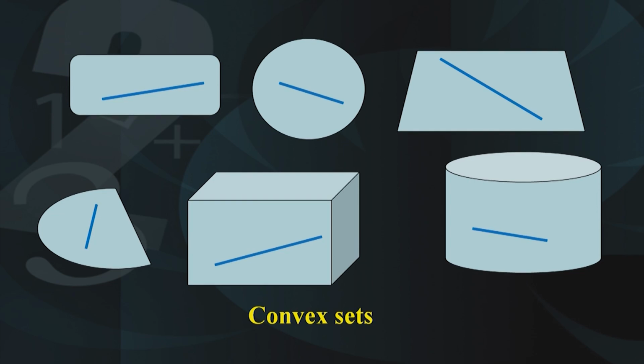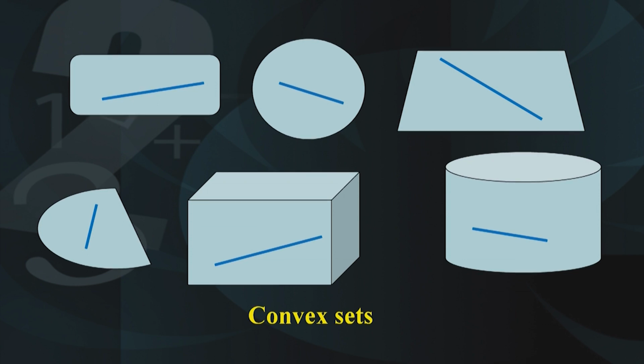Now, in this slide we see 6 examples where we can show that no matter which 2 points you take in the set and draw a straight line joining these 2 points, the line segment joining these 2 points will completely lie in the set itself.